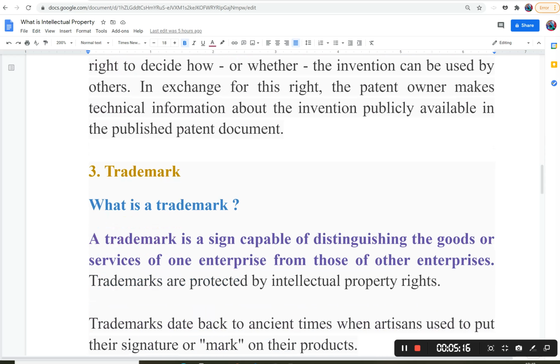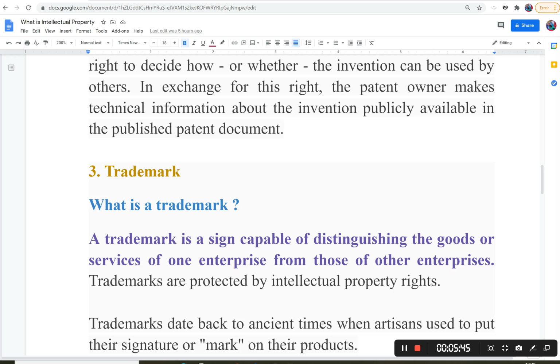Then trademark. A trademark is yet another form of intellectual property, and it is a sign. For example, Apple products, especially the electronic devices, carry a sign or symbol which is called a trademark. A trademark is a symbol capable of distinguishing the goods or services of one enterprise from those of other enterprises.